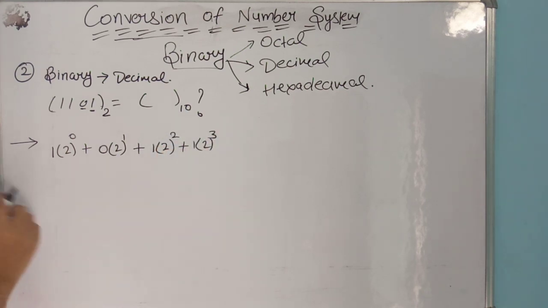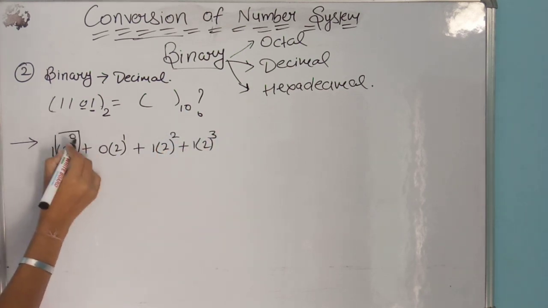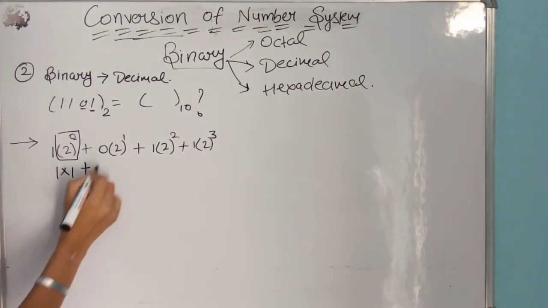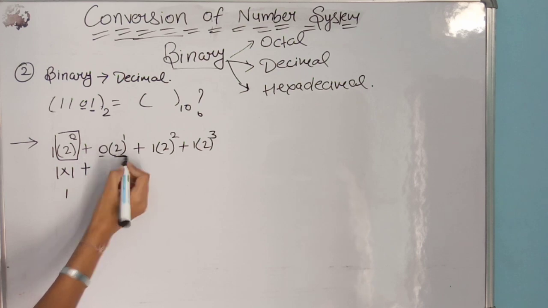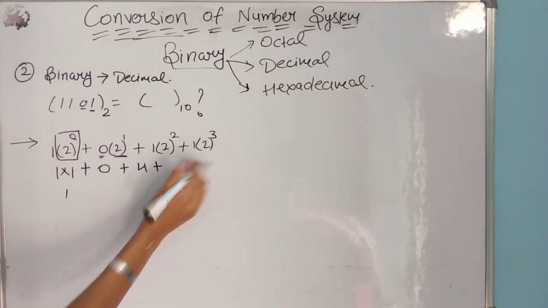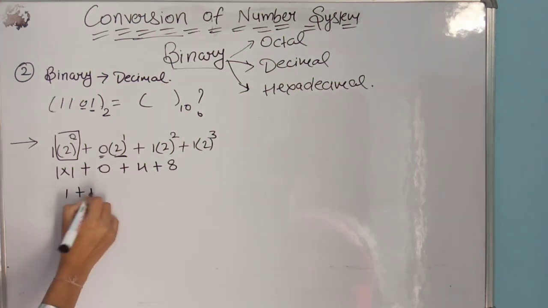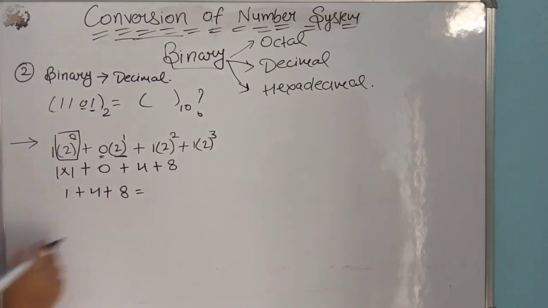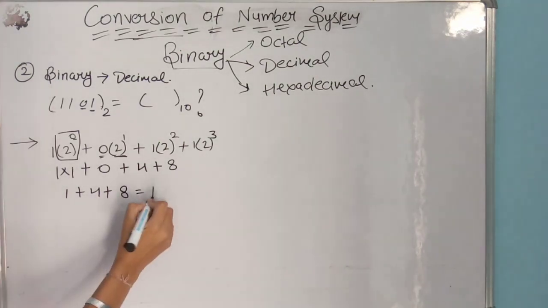So now the meaning of 2 to the power 0 is 1, and 1 into 1 is 1. When we multiply any digit with 0, it gives 0. So now it means 4 and it means 8. So it means 13.